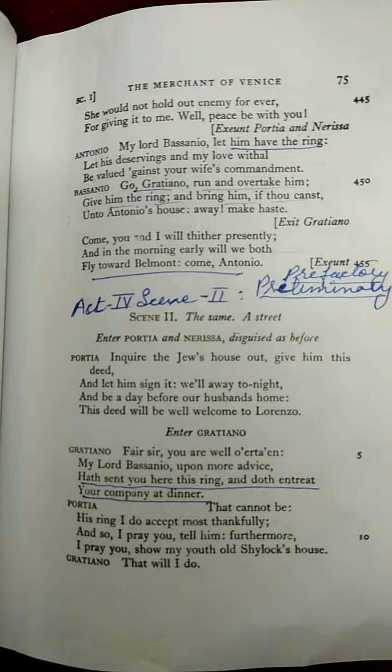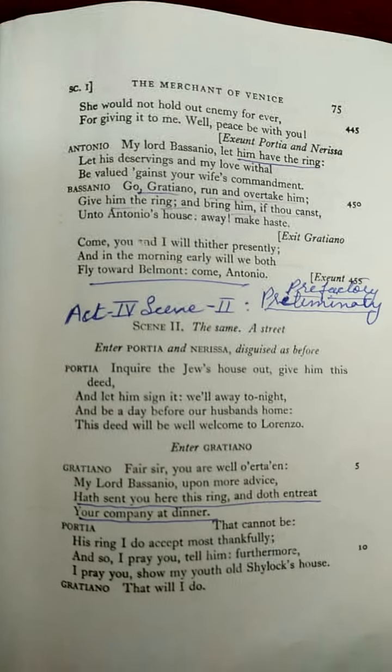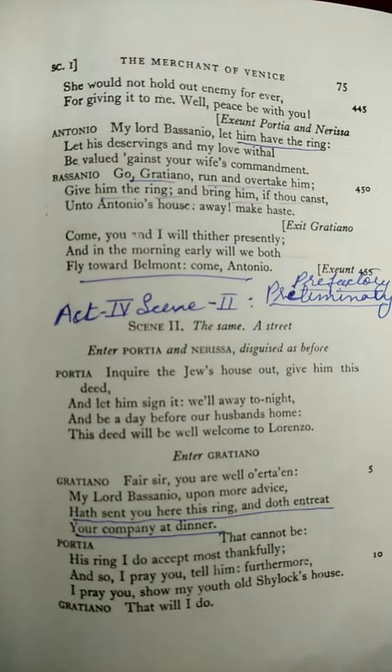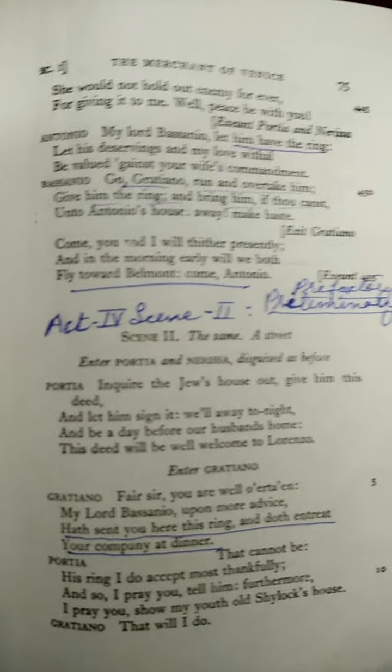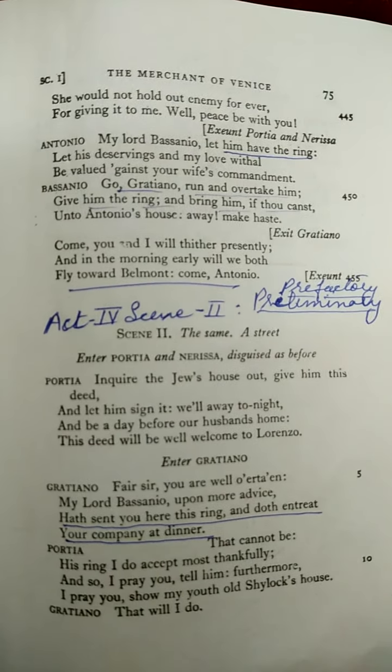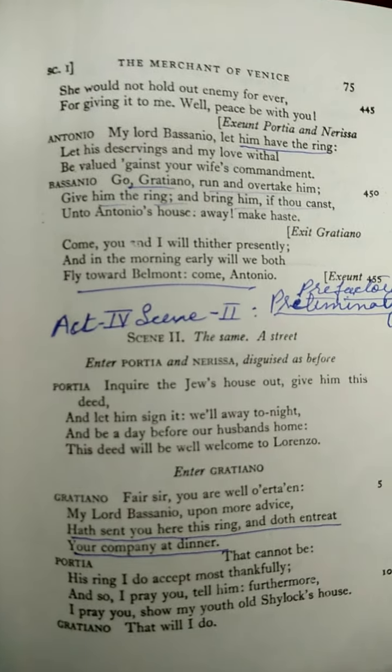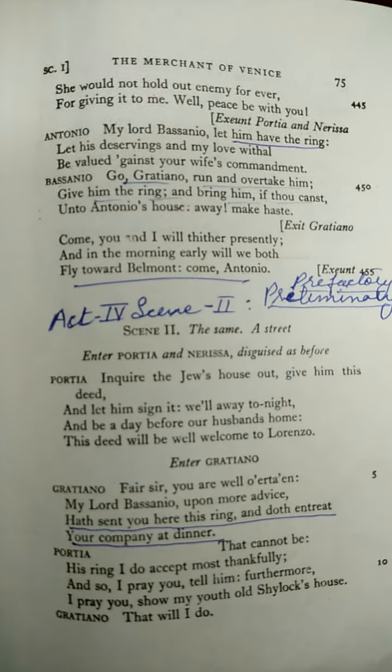Students, do you know what is the reason that Portia and Nerissa are in such a hurry? Because at that time they are in disguise, and they want to rush to Belmont so that they can welcome Bassanio and Antonio. So these are three important points.